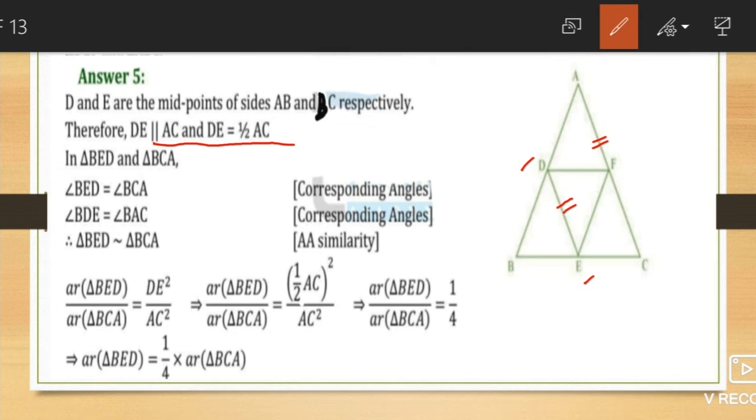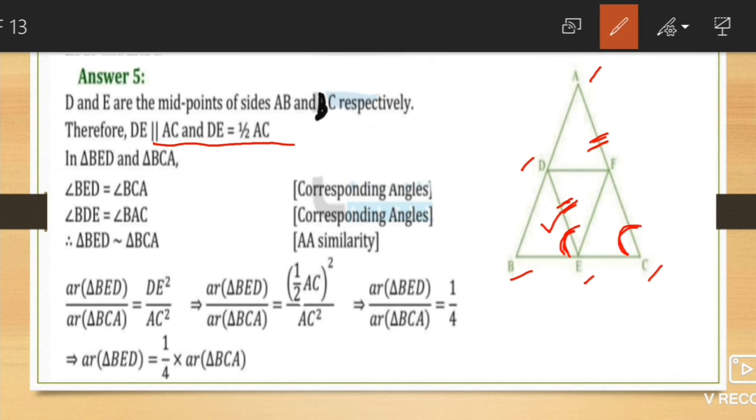Now if you take this triangle BED and the whole triangle BCA, you can say that angle E will be equal to angle C. Why? Because they are corresponding angles. This one is parallel to this one, that's why this is equal to this one, because they are corresponding angles.